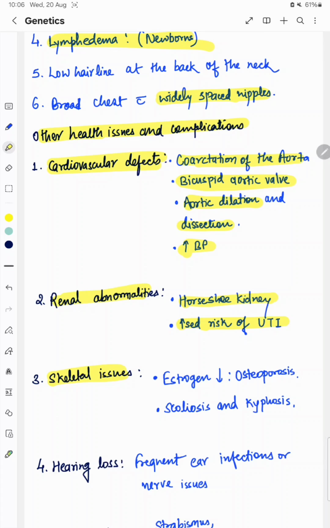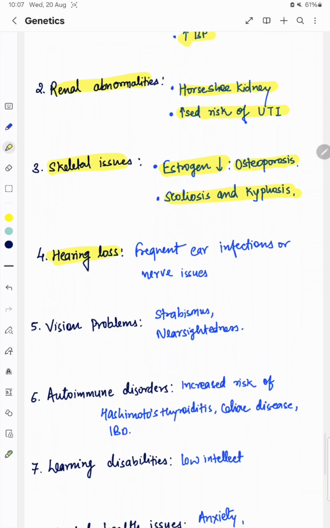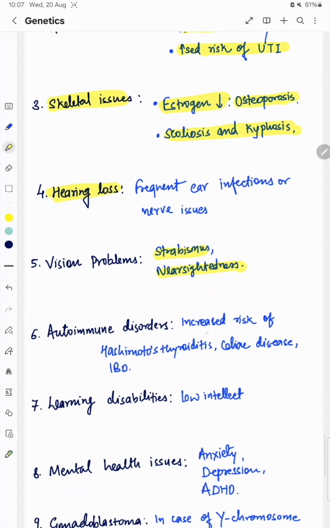In the skeletal system, due to the decreased level of estrogen, osteoporosis can be seen, and scoliosis and kyphosis are also noted. Hearing loss due to frequent ear infections and nerve issues, vision problems like strabismus and nearsightedness, and autoimmune disorders.